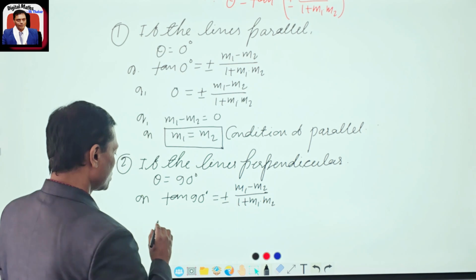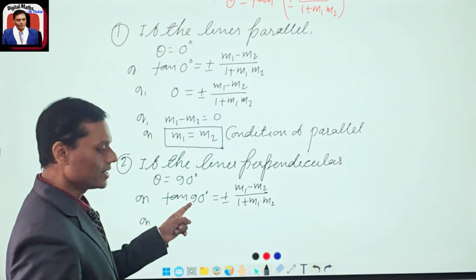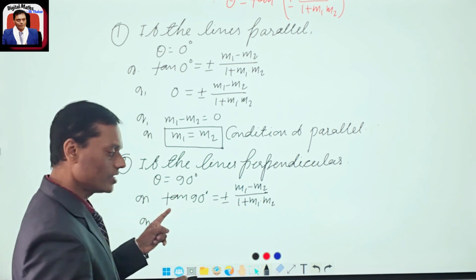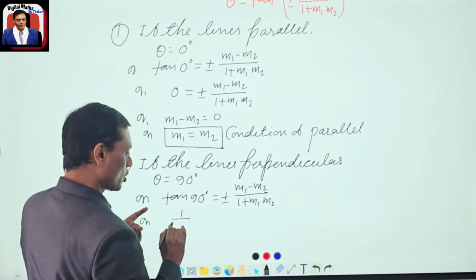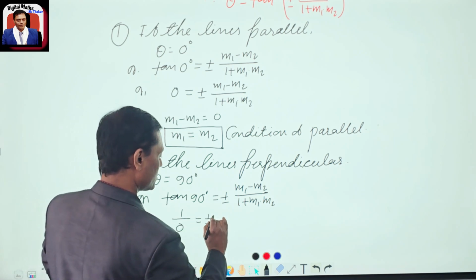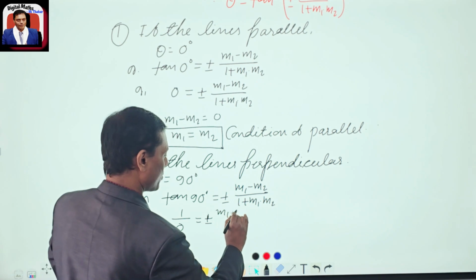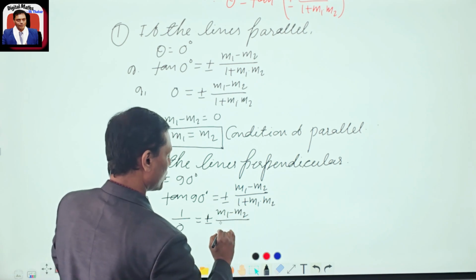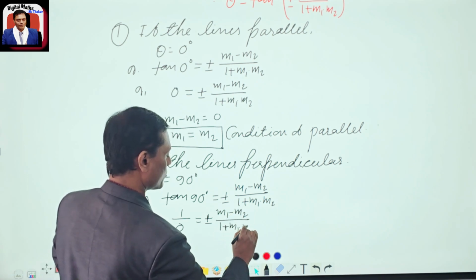So we write sin 90 by cos 90, where sin 90 is 1 and cos 90 is 0. So 1 by 0 equals plus minus (m1 minus m2) over (1 plus m1 dot m2).